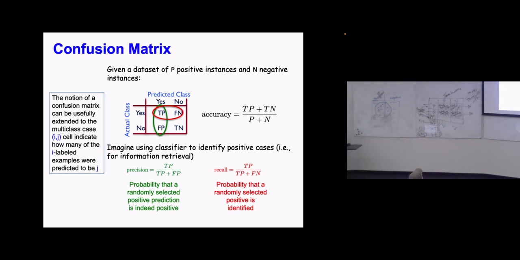So now we are going to talk about the F measure. And this F has nothing to do with the bad word, okay? So F measure is basically combining precision and recall in some intelligent way.